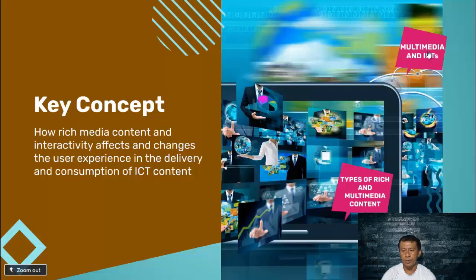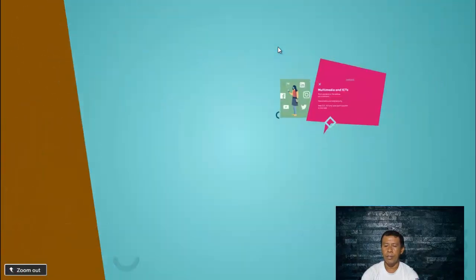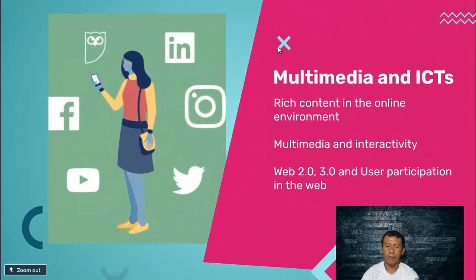We have two lessons that we will tackle: multimedia and ICTs, and types of rich and multimedia content. For multimedia and ICTs, we have the rich content in the online environment, multimedia and interactivity, and we will also tackle Web 2.0, 3.0, and user participation in the web.